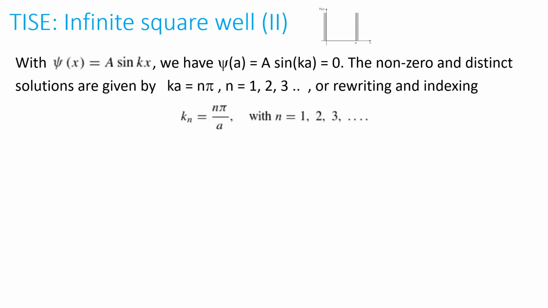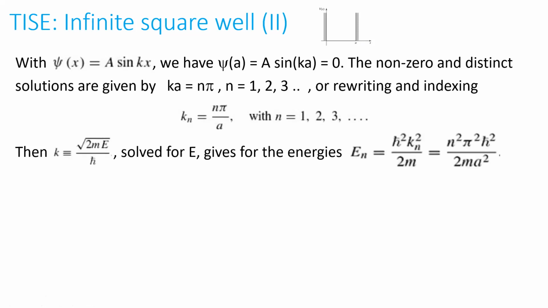Okay, and this is what actually quantizes the system. This is why it's quantum mechanics, because we have only certain allowed values for this wave number, and as we'll see in a second, for the energy.